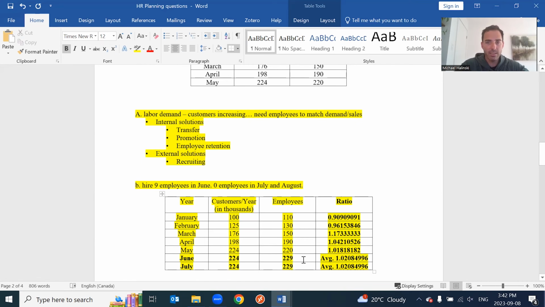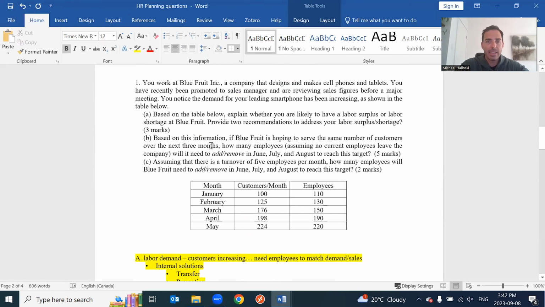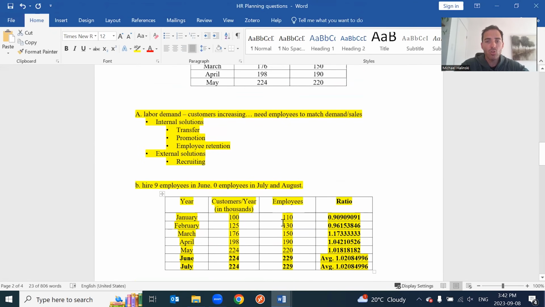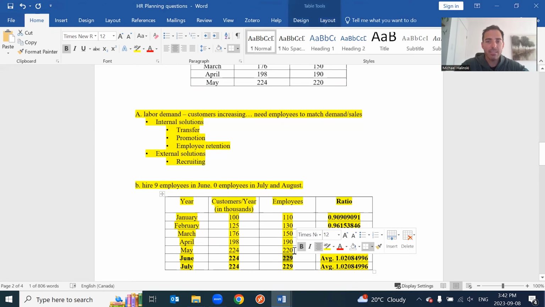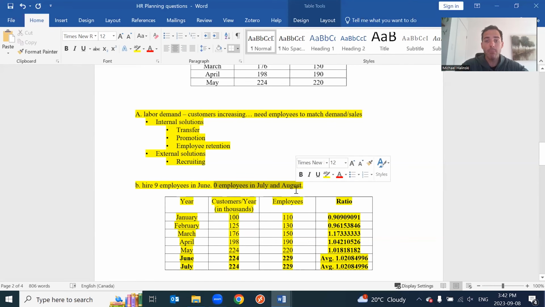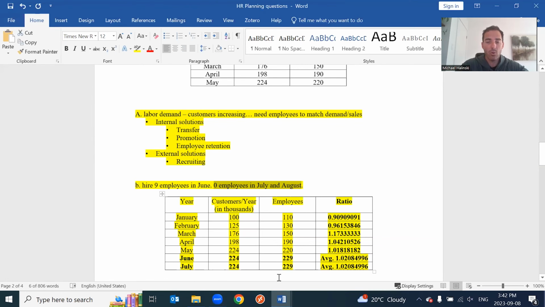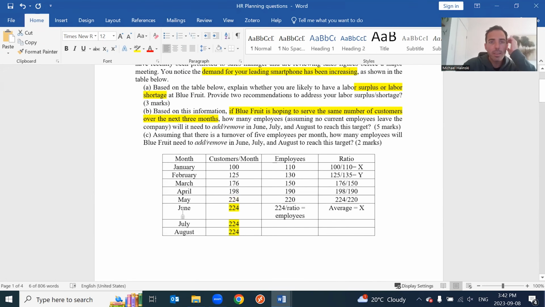Since the question asks how many employees will need to be added or removed to reach this target, you go 229 minus the number of employees previously. So 229 minus 220 is your 9. That's why you hire 9 employees, and then you don't need to hire any more employees in June, July, or August. So that's that one.